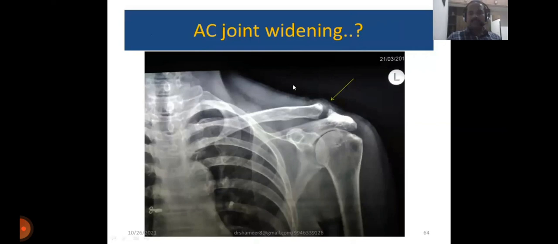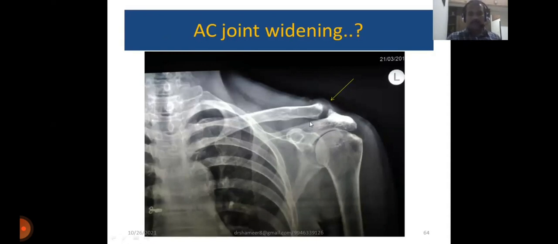If a patient comes to OPD without a history of trauma, but there is a definite lump over the AC joint, and there is widening and osteoarthritic changes, like widening and sclerotic change, in such cases you go for an MRI of the shoulder, especially mentioning AC joint pain and swelling.